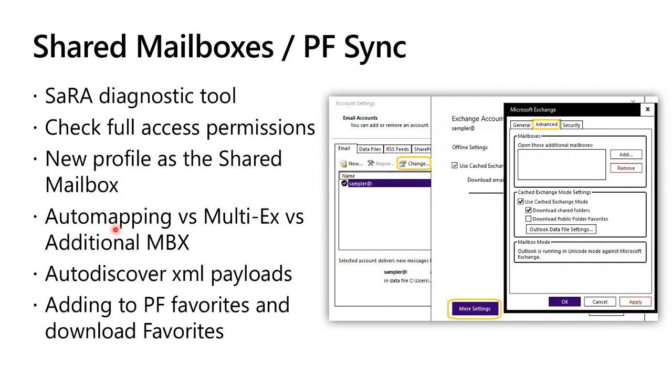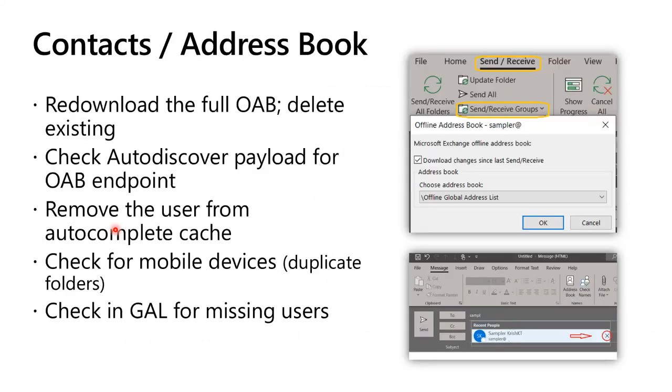Moving on to the next issue, contacts and address book. An offline address book, or OAB, is a downloadable address list collection that Outlook users can access while in cached mode.